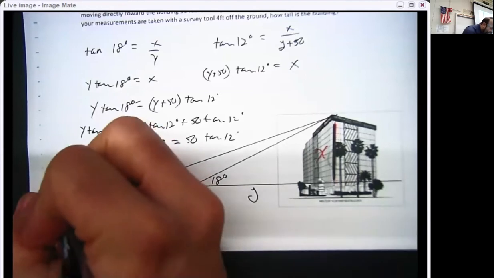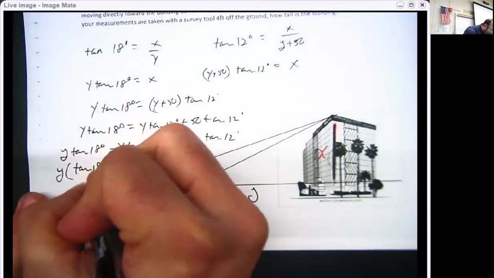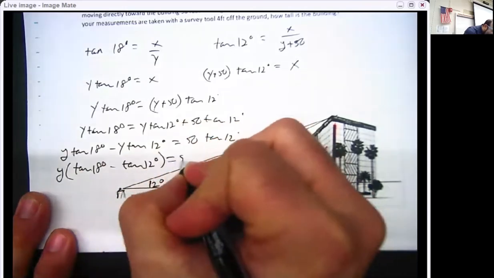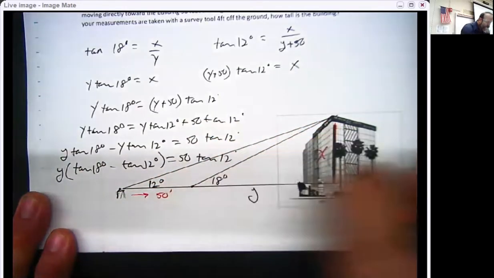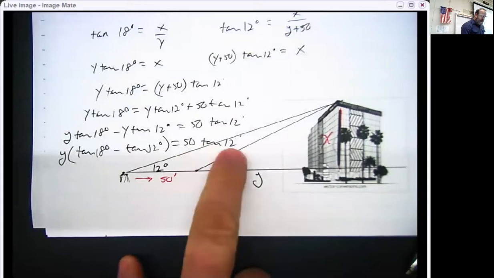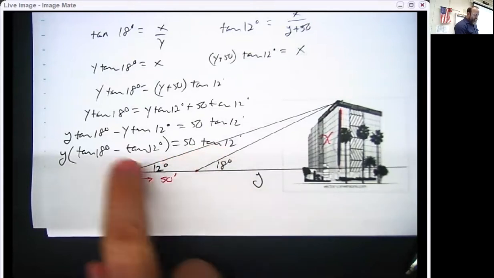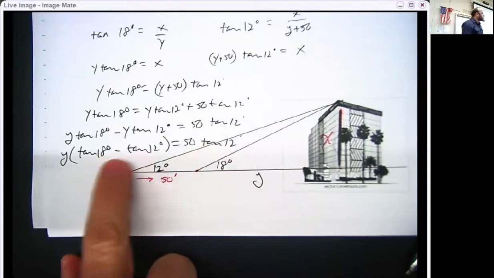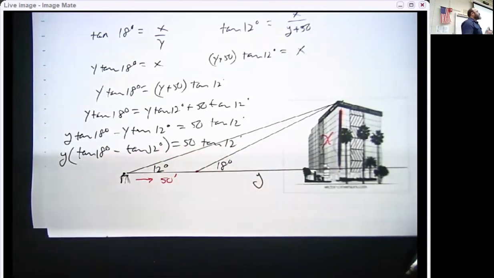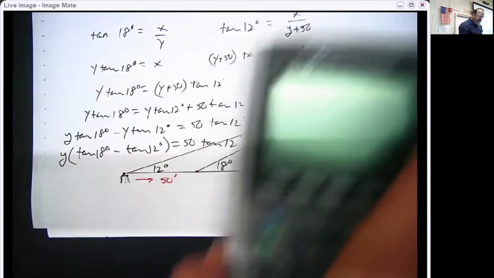So if I factor out the y, we have pretty much our solution. What's left to solve this problem for y is I've got a number here, right? What is all of this? So if I could divide these two numbers, will I then know what y is? That's kind of complicated, but it's true. So let's see what happens.